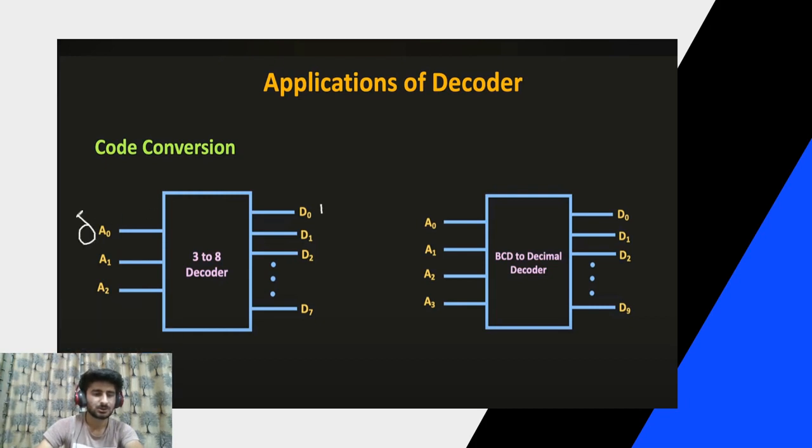If you change it to 0, 1, 0, then D1 will be active and the others become low.